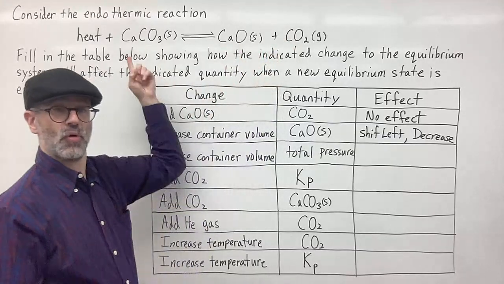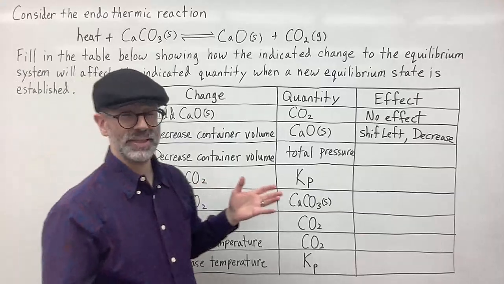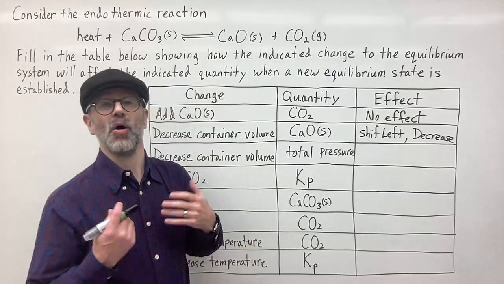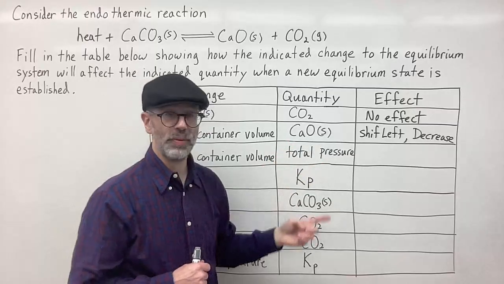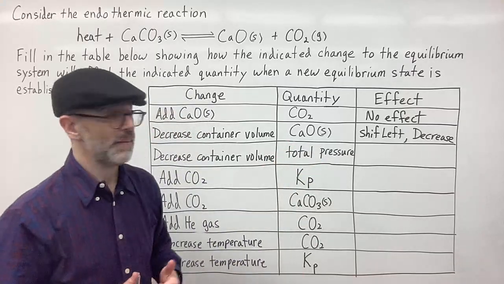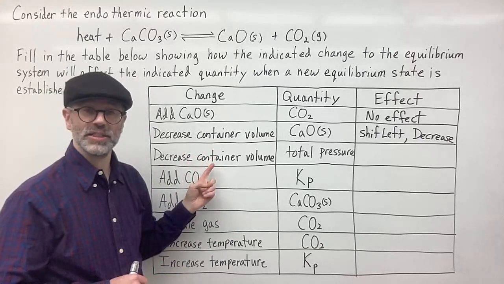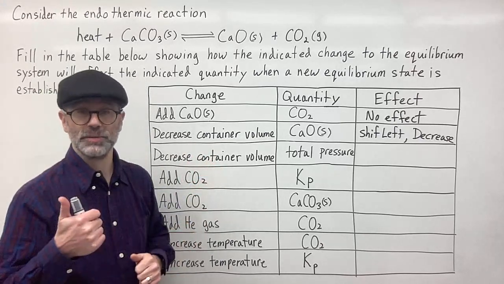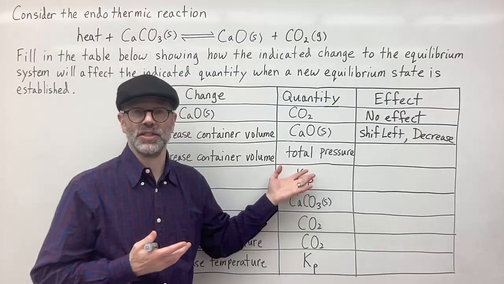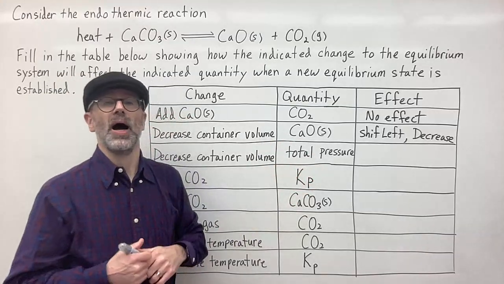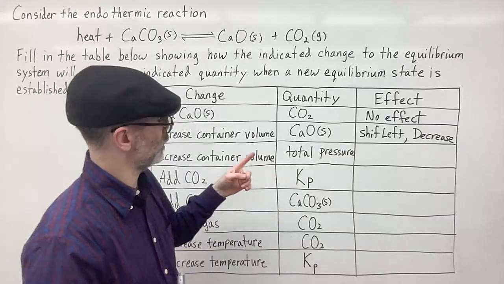So it's going to shift in this direction in order to use up some of the gas here to react and reform calcium carbonate. But then the question is, what is the total pressure going to be? How is that going to affect the total pressure? Well, we said that initially you're going to decrease the volume, therefore increase pressure. So initially the total pressure will increase because of the change in volume, but Le Chatelier's principle is going to decrease that total pressure.